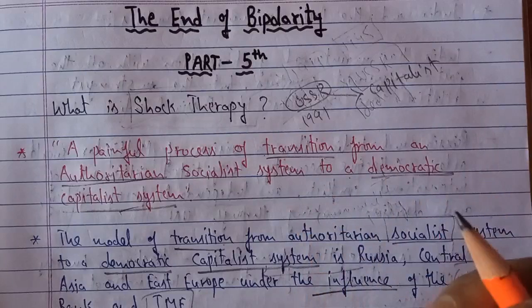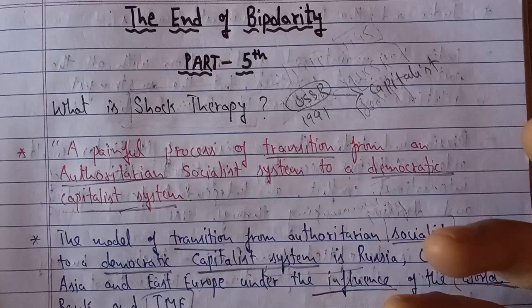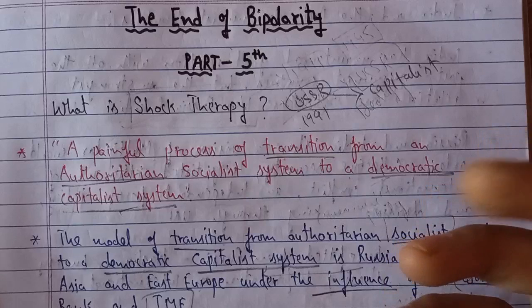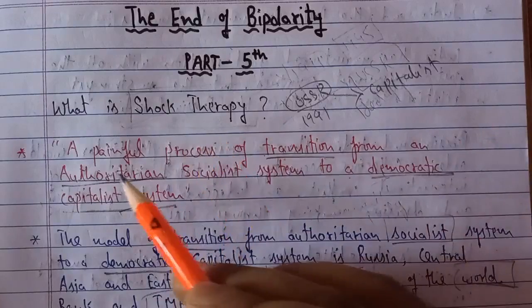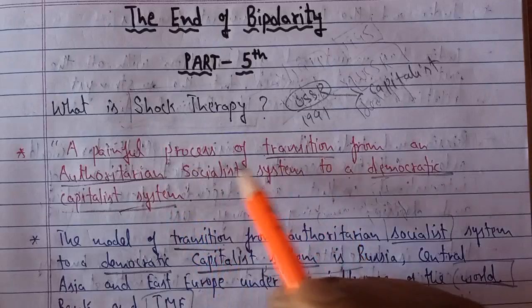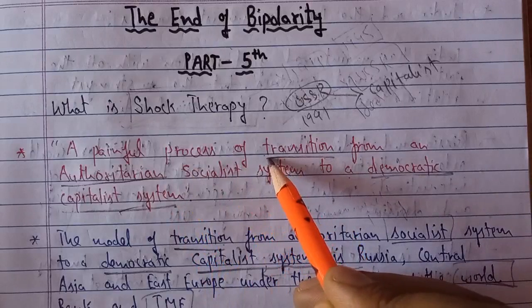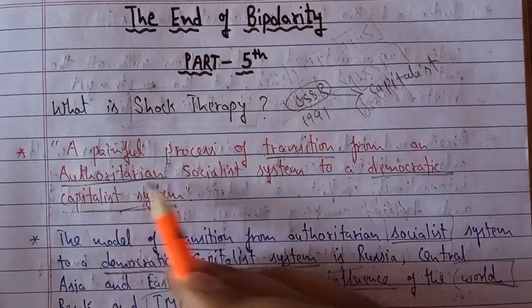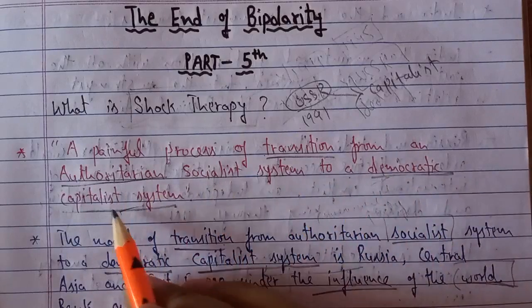They wanted to completely transform themselves as capitalist states, but it had many negative impacts on the republics. That is why we call it shock therapy. See the definition: a painful process of transition, moving from a socialist society, socialist ideology to a capitalist world, from an authoritarian socialist system to a democratic capitalist system.